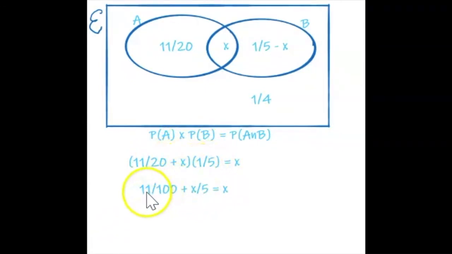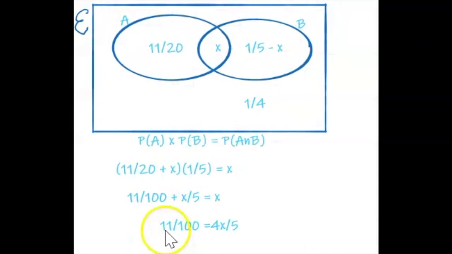11/20 times 1/5 is 11/100, plus X times 1/5 is X/5, is equal to X. And then if we subtract X/5 from each side, this is 5/5 minus 1/5. So we have 11/100 equals 4X/5.